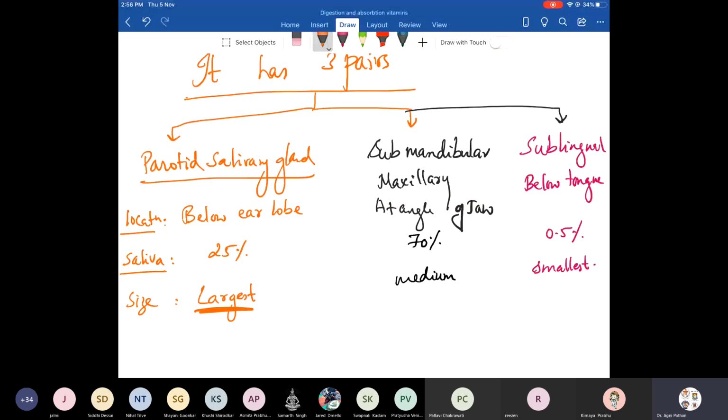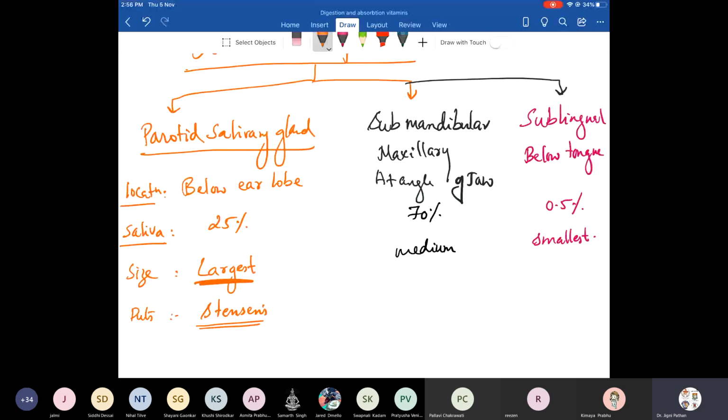Next is ducts. Stenson's duct. This is the largest duct.